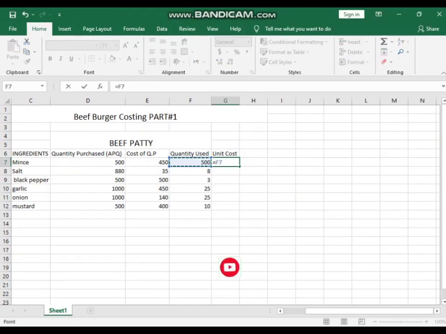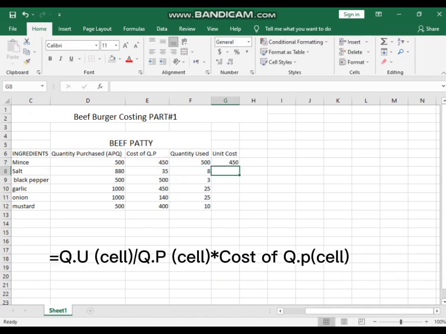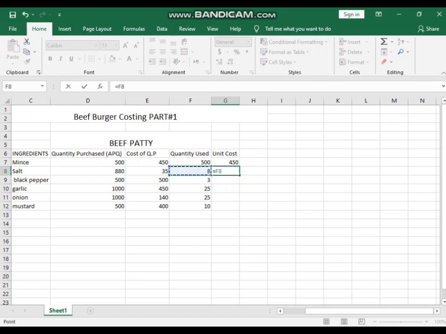Now we are back in Excel. In the unit cost column we will apply a simple formula. For your convenience I have also placed the formula on the screen. First we will select the quantity used cell, then the divide sign and the quantity purchased cell, and then the multiply sign and select the cost of quantity purchased cell, then press enter and your answer will be there.